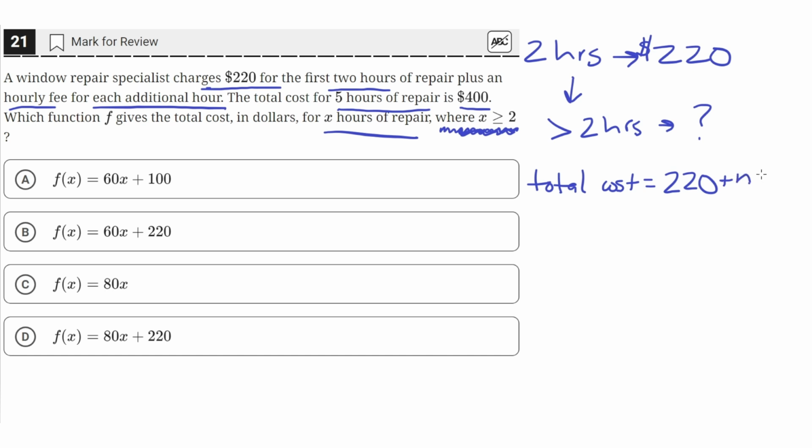We can represent that by n times x minus 2, where x is the number of hours, and x minus 2, the number of hours minus 2 that it takes for a repair job, will give us the total number of hours spent on the repair job after the first 2 hours. Since we're subtracting 2 from the total number of hours, this will give us how many hours we are being charged the hourly fee for. So n will be the hourly fee.